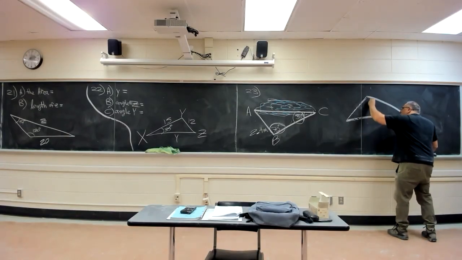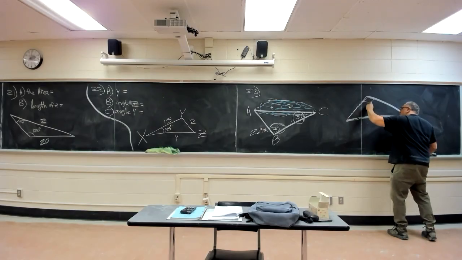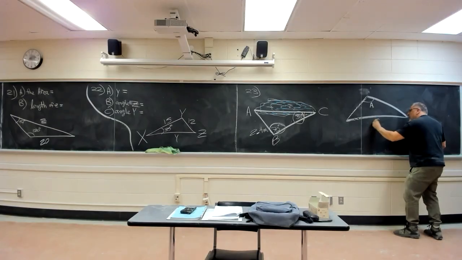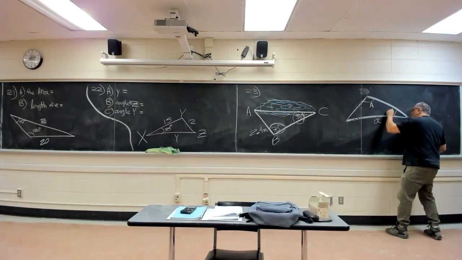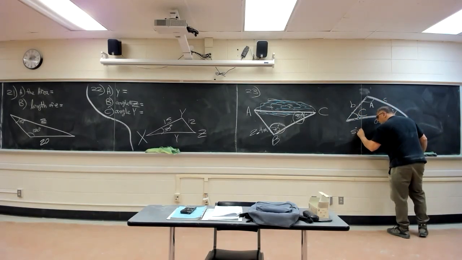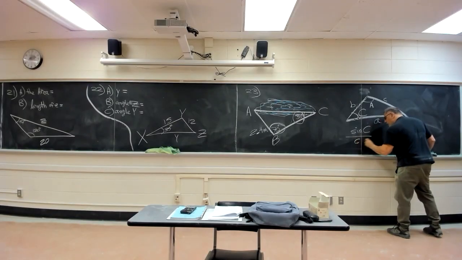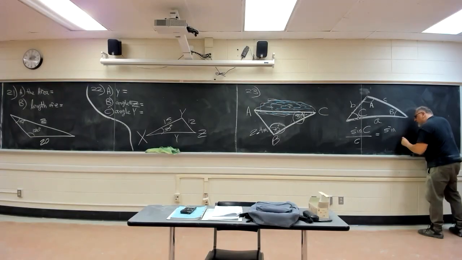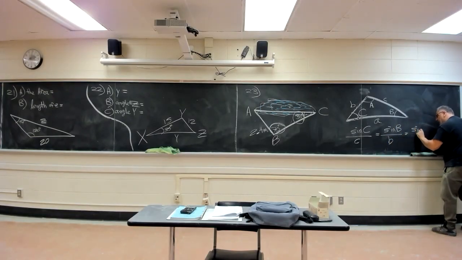If this is angle big A and this is small a, if this is angle big B and this is small b, and this is angle big C and this is small c, the sine of big C over small c equals the sine of big B over small b equals the sine of big A over small a.